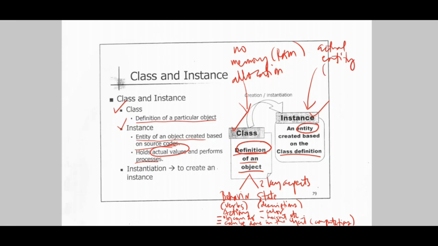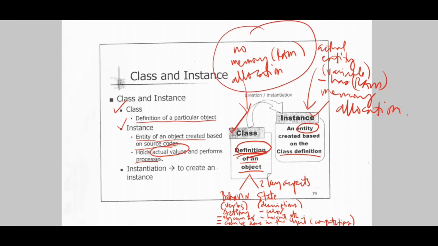Just like a variable, it has RAM or memory allocation. Okay, so a class is simply a definition, no memory allocation, while an instance is an actual entity like a variable that has memory allocation.